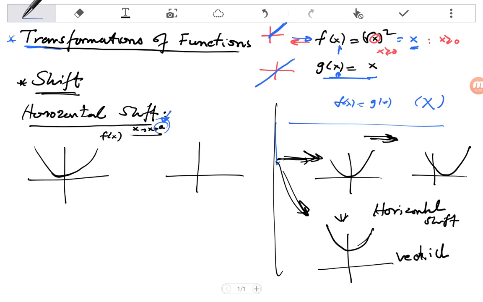What do I mean by that? For example, if a is greater than 0, if a is positive, it will be in that direction.